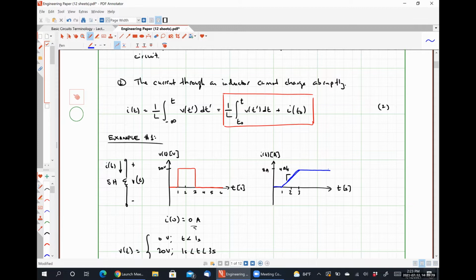Okay, this is not technically true. In theory, because we are dealing with an ideal inductor, it can store its current forever. But inductors are made of wire, and wires have a finite amount of resistance.